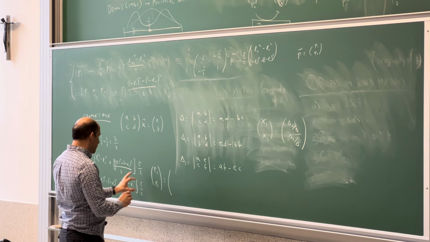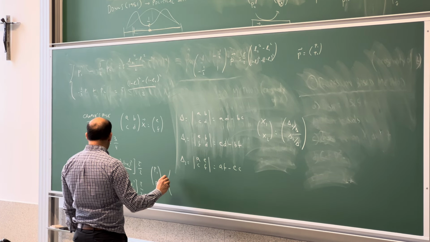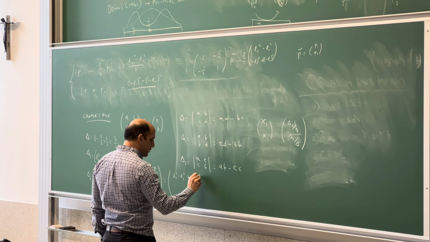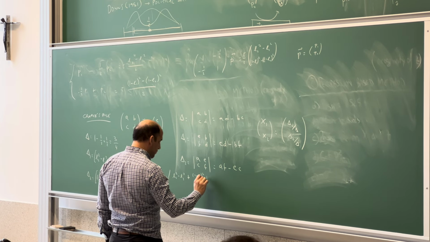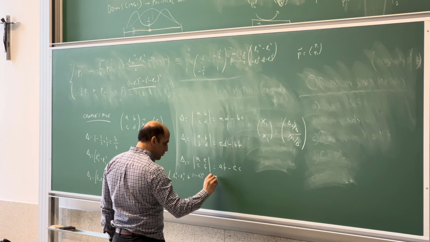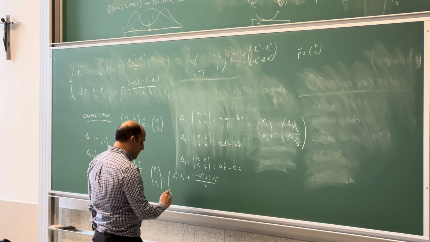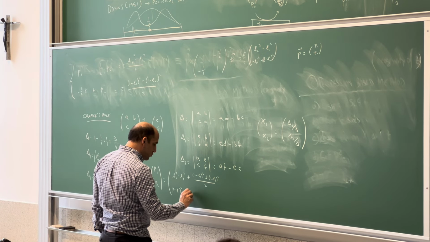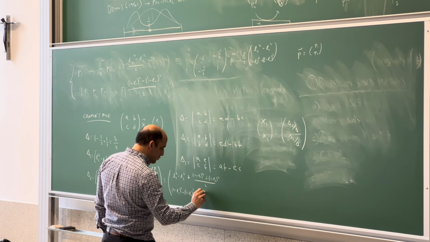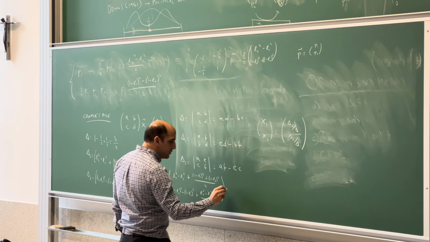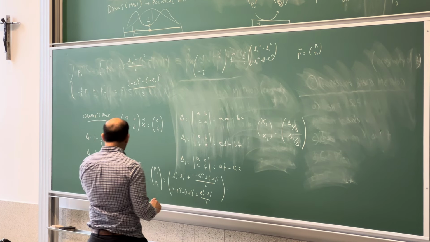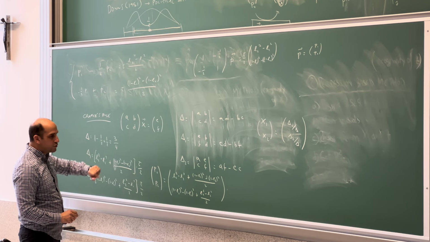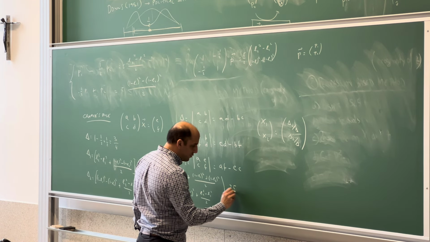The 2/3 times tau we can put outside, and then we have L2 square minus L1 square plus (1 minus L1 square minus 1 minus L2 square) over 2, and then we're going to have 1 minus L1 square minus 1 minus L2 square plus (L2 square minus L1 square) over 2, times 2 tau over 3.